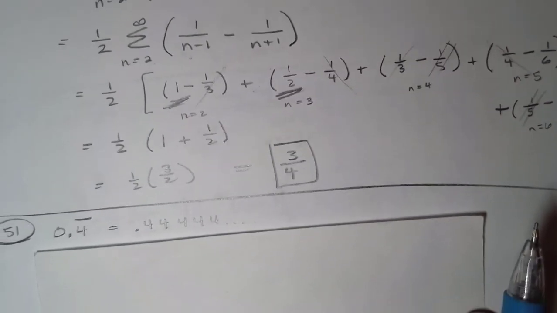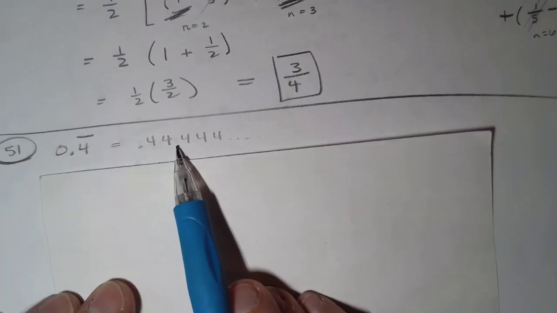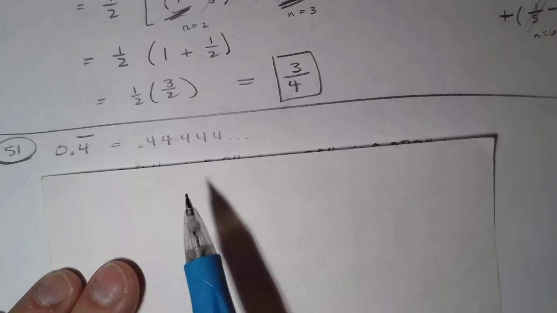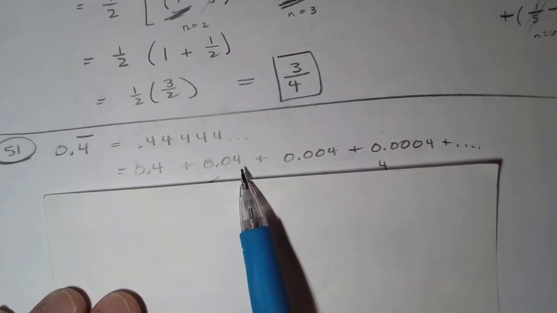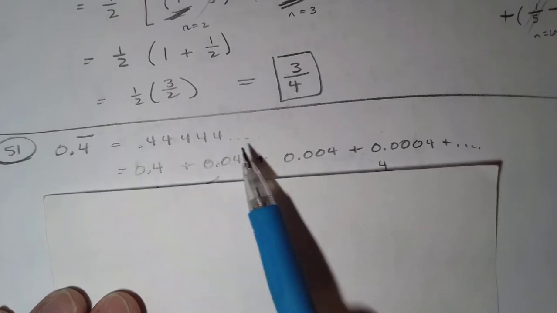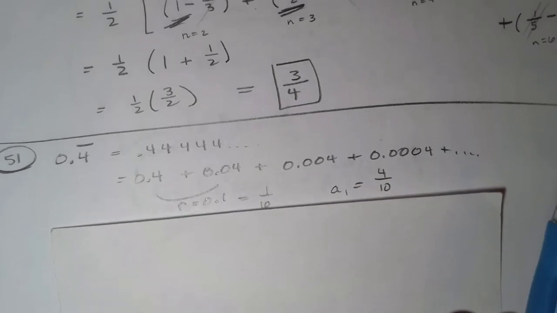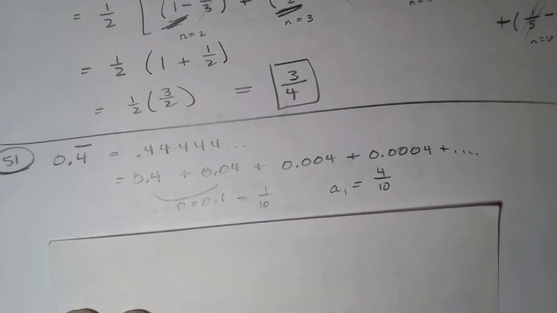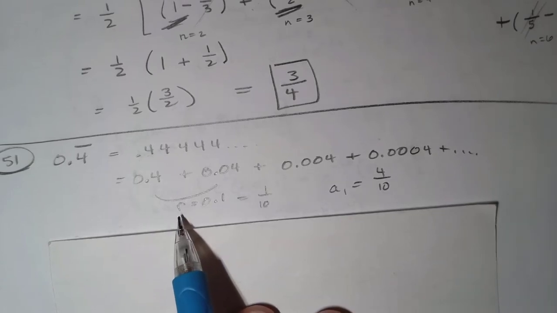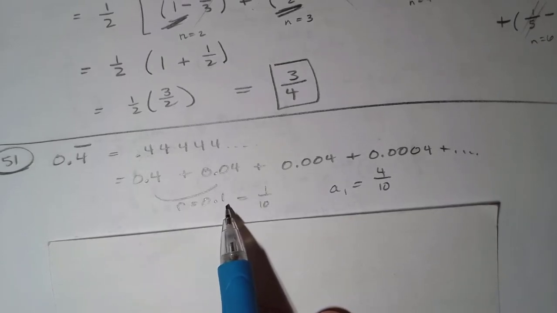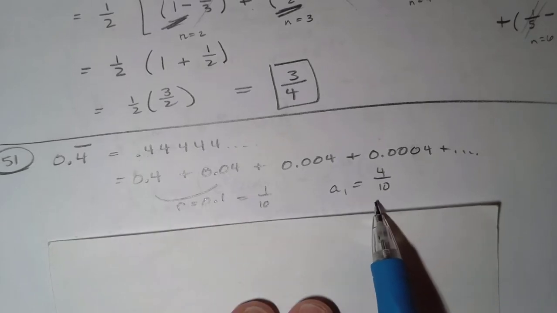And finally, number 4, we had a repeating decimal. First, we want to write it like this. And then we want to realize that this would be 0.4 plus 0.04 plus 0.004 plus 0.0004 and so forth. So I can see that my common ratio is 1/10. My first term is 4/10.